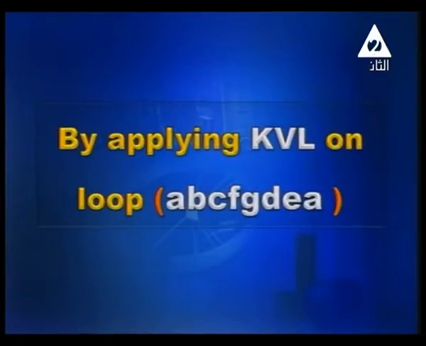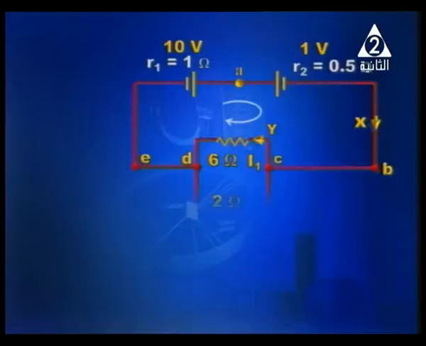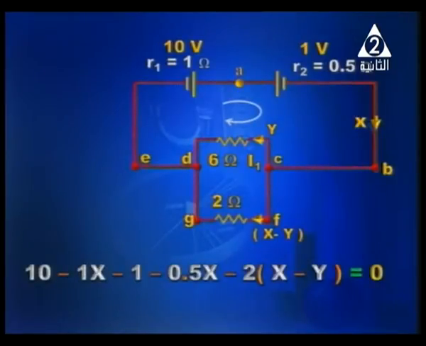And now applying Kirchhoff's voltage law on loop A, B, C, F, G, D, E, A. Once again, 10 minus 1x minus 1, minus half x, minus 2 between two brackets, x minus y.